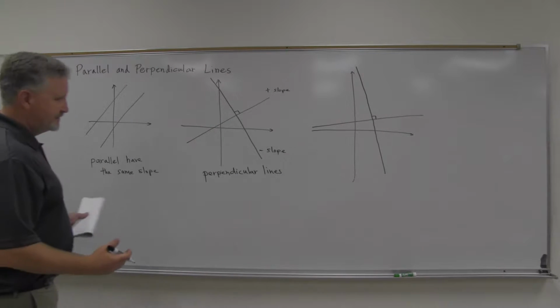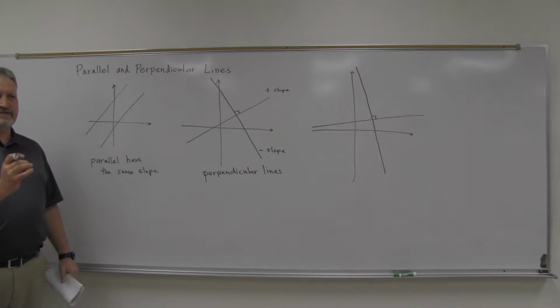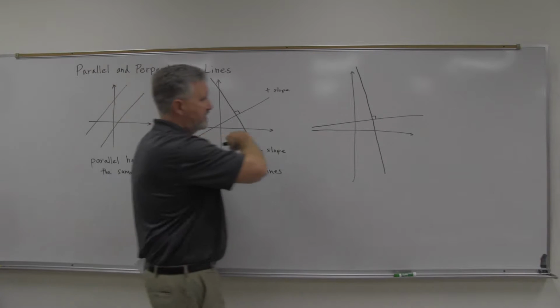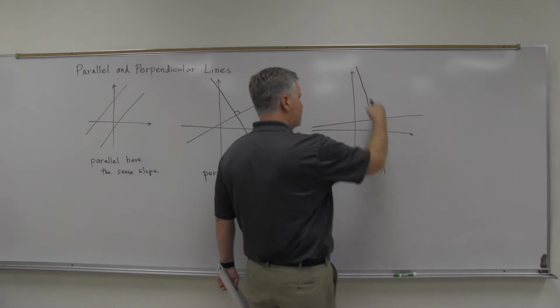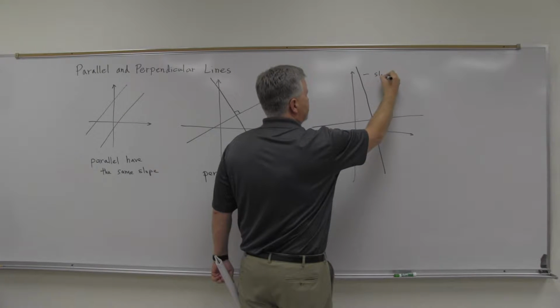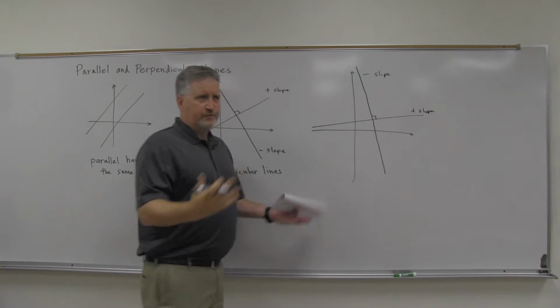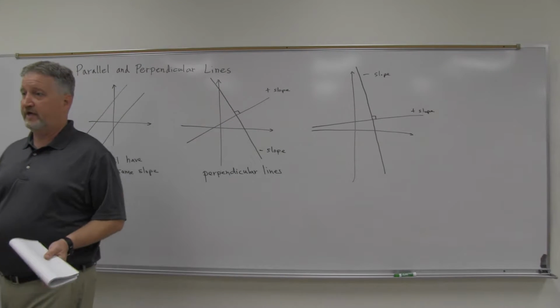I'm not going to prove it or anything, but we can clearly see that if you look at this one compared to that one, it's negative slope here and positive slope here, so that's verified. So that's one way perpendicular lines are related.